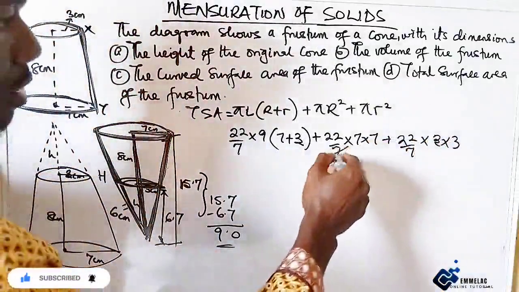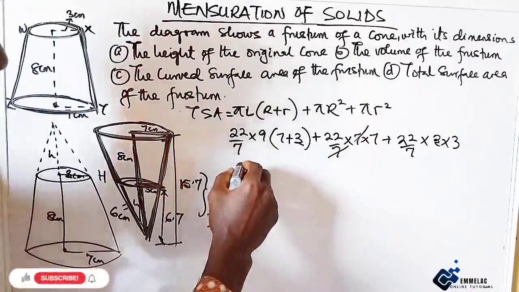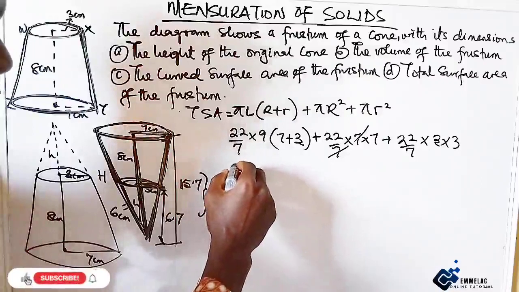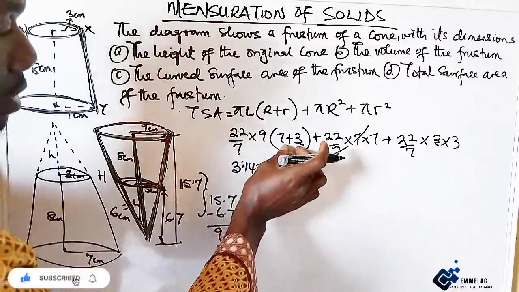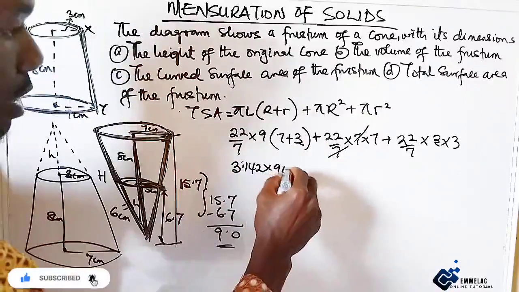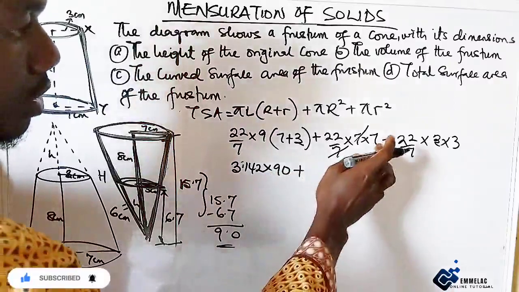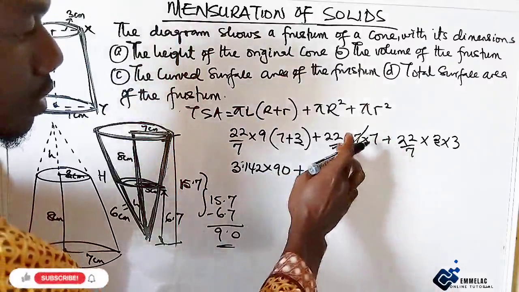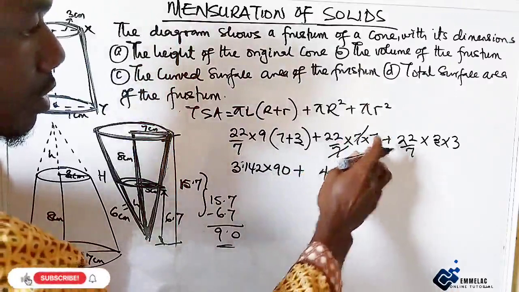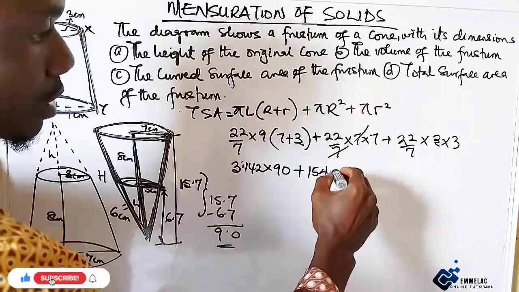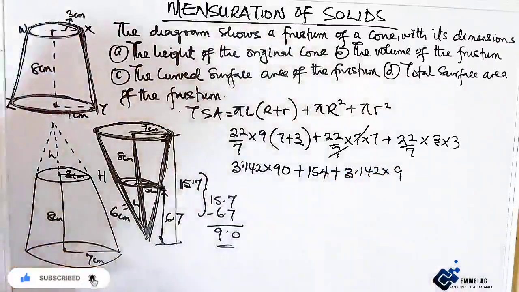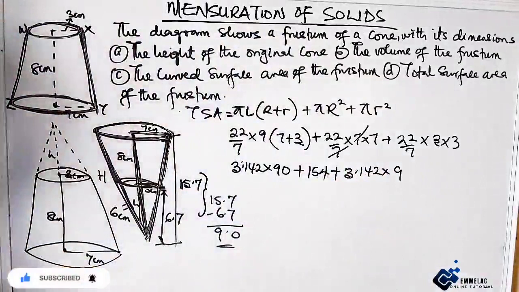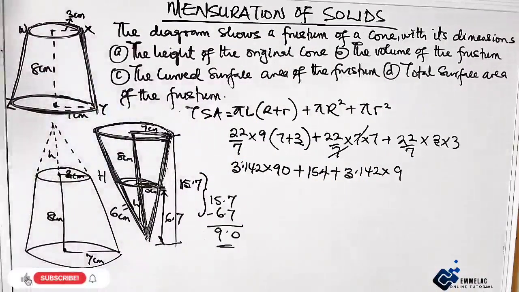Okay, this will cancel this, so here we have 3.142 times, this is 10. 10 times 9 we have what, 90, then plus 7 times 7, 49, then plus 3.142 times 9. Alright, let's get this done quickly, by punching our calculator.